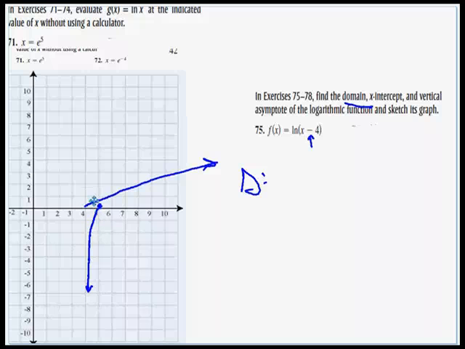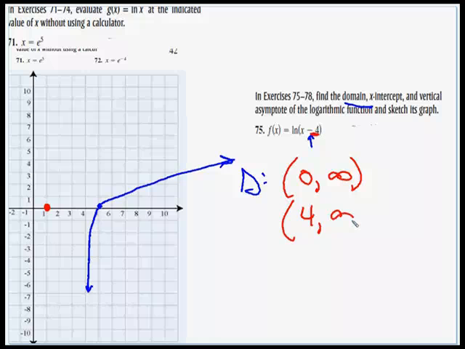Everything got shifted over 4 units. I can't believe you didn't stop me. Our x-intercept was usually at 1, and everything got bumped over 4 units. So 1, 2, 3, 4, we should be at our x-intercept at 5. So our domain is usually from 0 to infinity, but everything got bumped 4 to the positive, so now it's 4 to infinity.